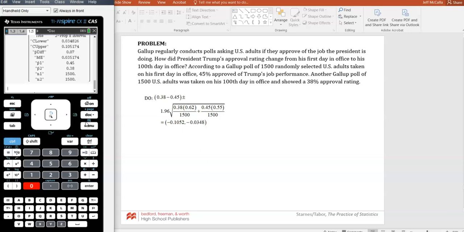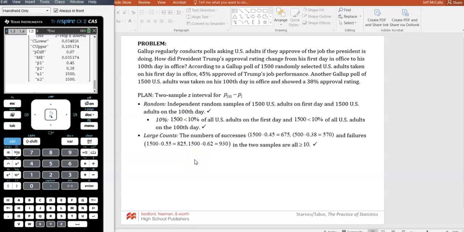I plugged in the opposite of the way they did. I did the first day in office and then the 100th day. They did the 100th day and then the first day. So ours are opposite sign-wise, basically. Same answer. Not worried about which way you do it in that one.